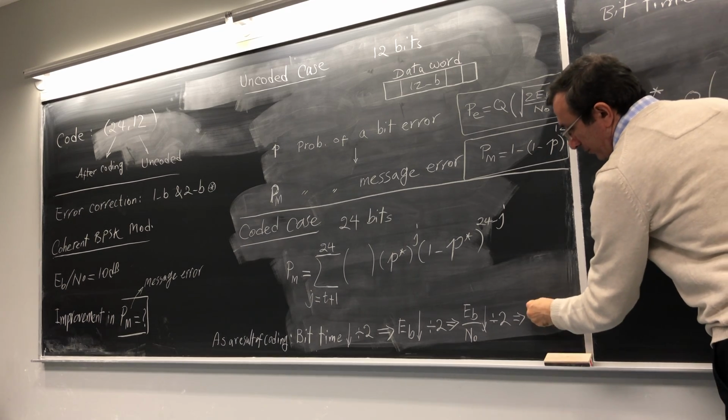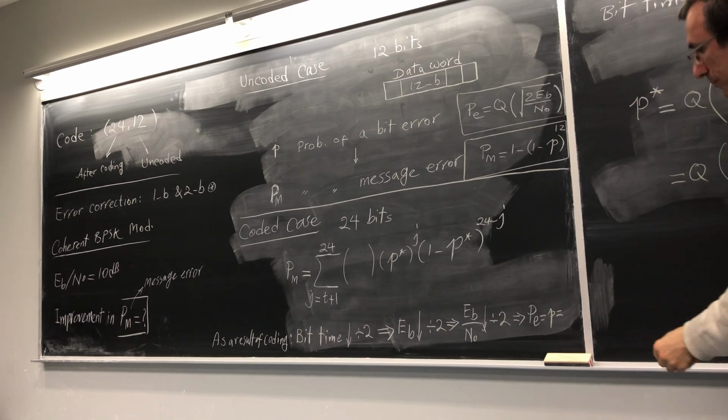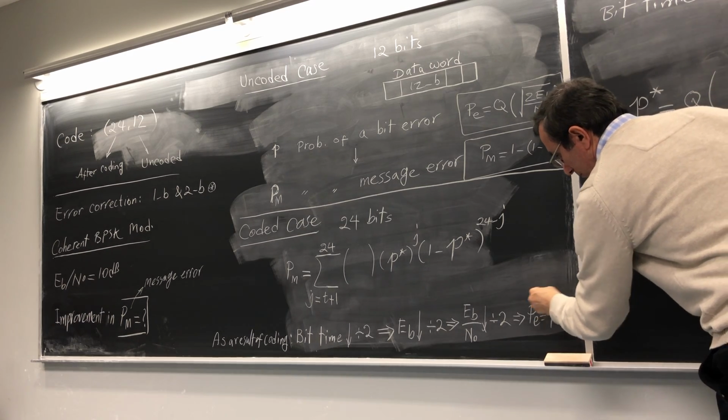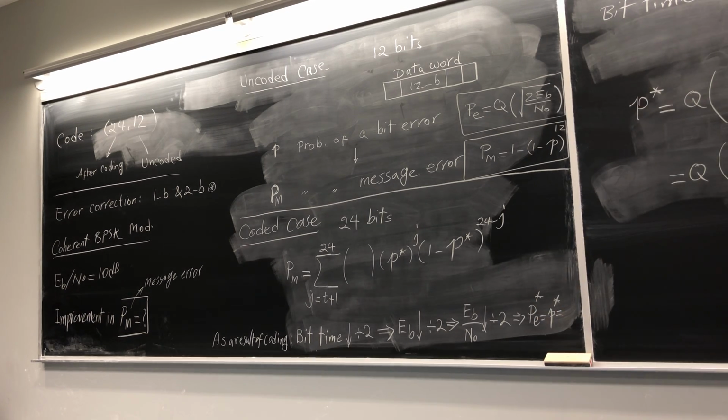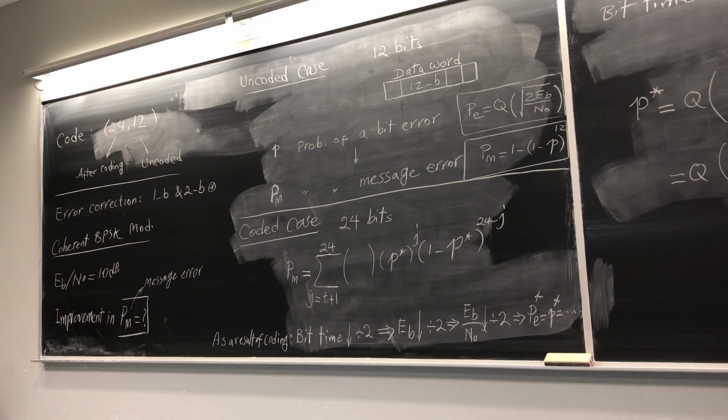So the probability of 1 bit error needs to be recalculated. We recalculated that and then we plugged it in this equation. Is that clear? Okay.